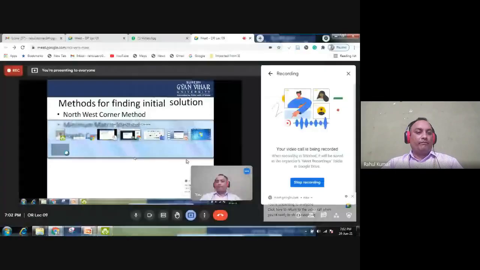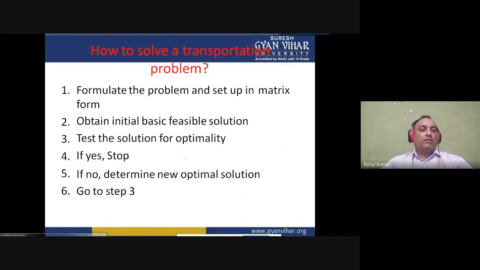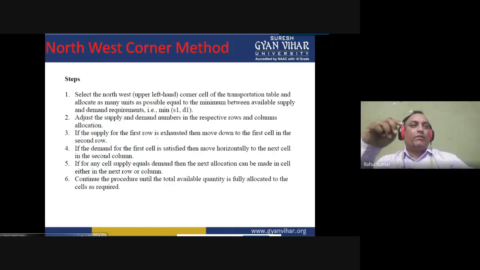The first is northwest corner, then minimum matrix, and Vogel's approximation method. First I will solve this problem with the help of the northwest corner method.